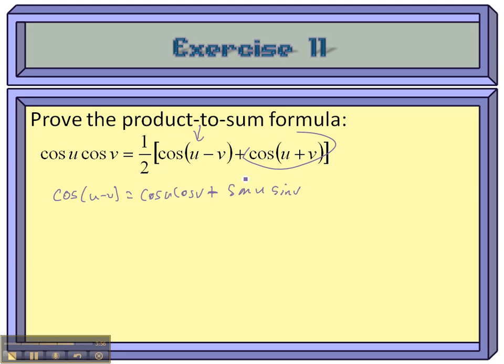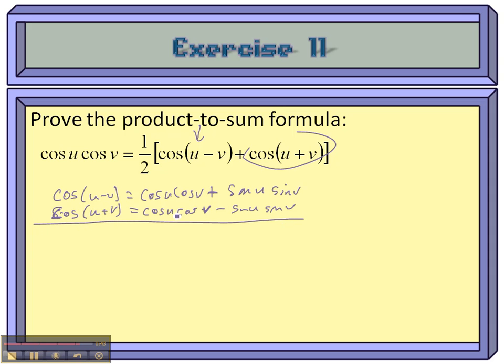Now do the same thing for the sum. The cosine of u plus v is going to look exactly like this. The only thing that's different is going to be the sign in between them. Cosine u cosine v minus sine u sine v.